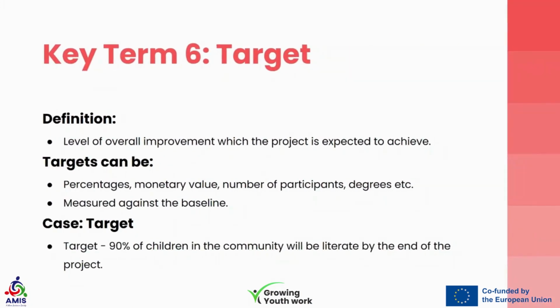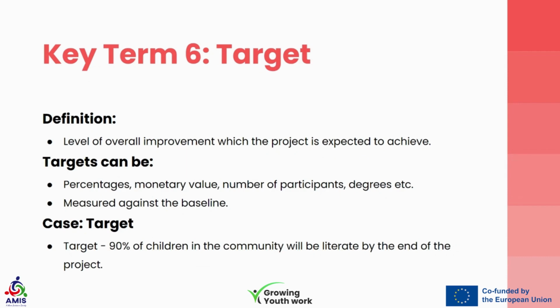Key term 6, target. The target of a project is the level of overall improvement which the project is expected to achieve. The target is the level of how much improvement should come from the project outcomes and impacts.